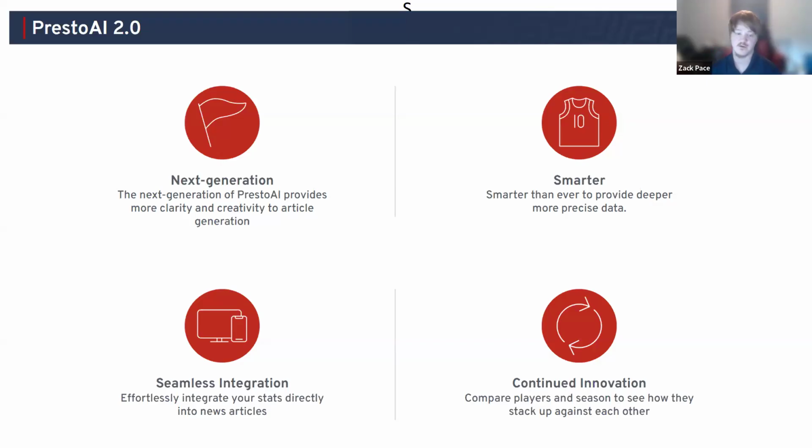And the way we're doing that is it's just smarter. We've spent a lot of time ingesting more data into it so that it knows how to process data better and what more stats are. And that way it can integrate directly in easier and just pull those files from the events and pull your XMLs in to give you those seamless articles.